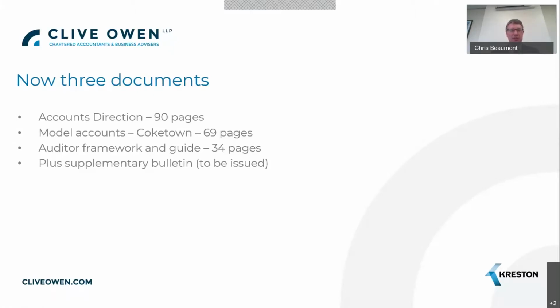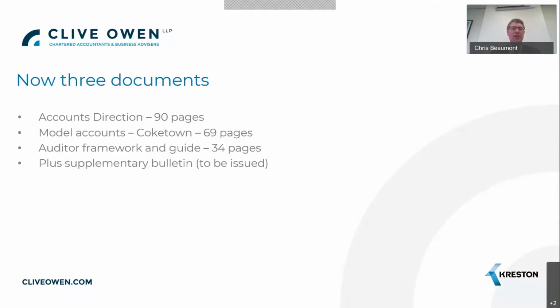But if you strip out the front covers, the indexes, the introductions, some small additions they've made, and the repeat factor that's involved when you've got three documents rather than one, there is actually not that much for us to go through today. So this will be a fairly short webinar.